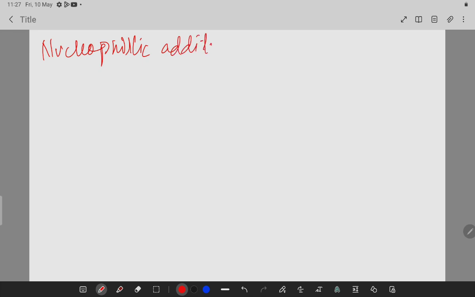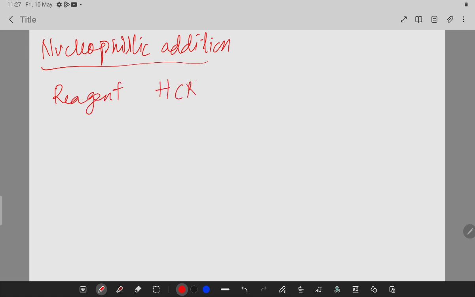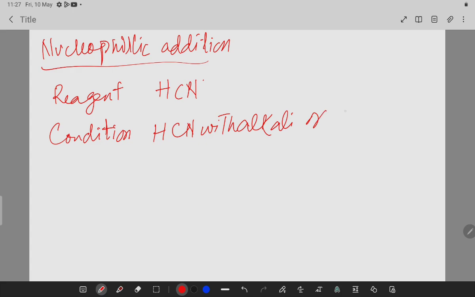Nucleophilic addition. Reagent is HCN, and conditions: HCN with alkali, or HCN with KCN.